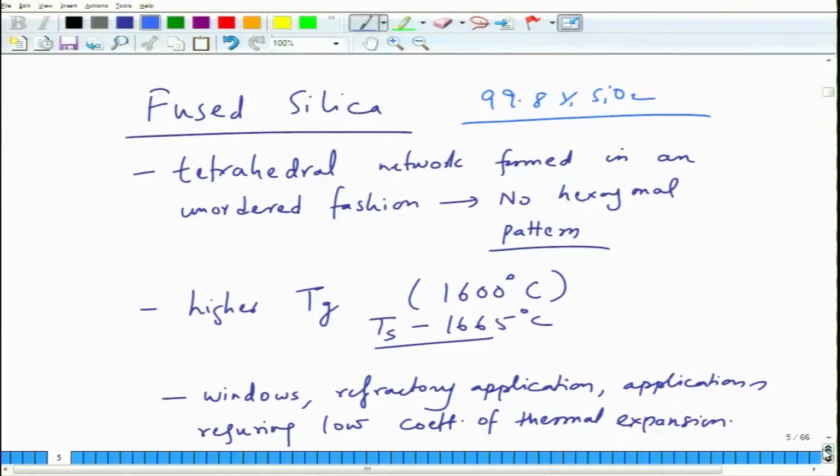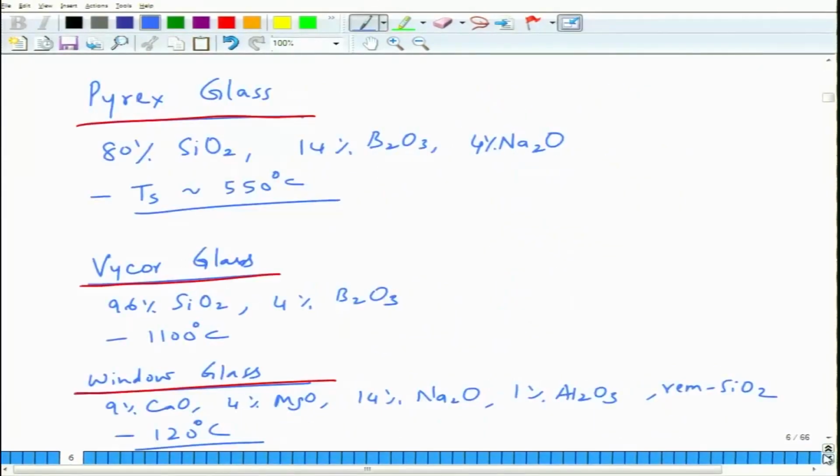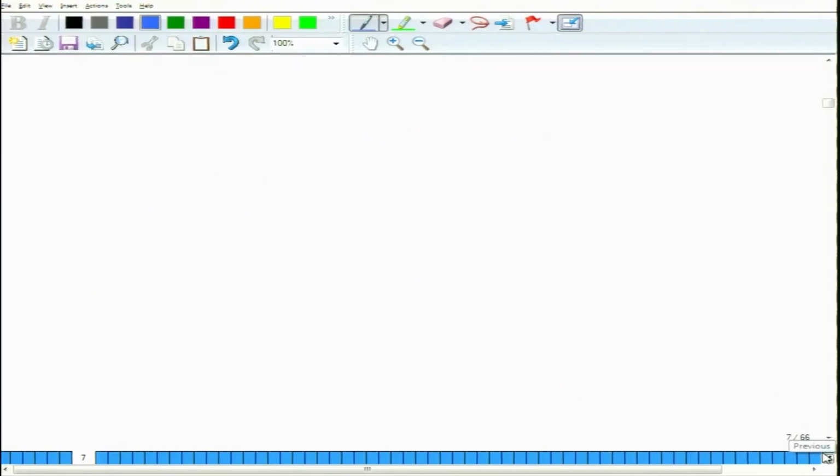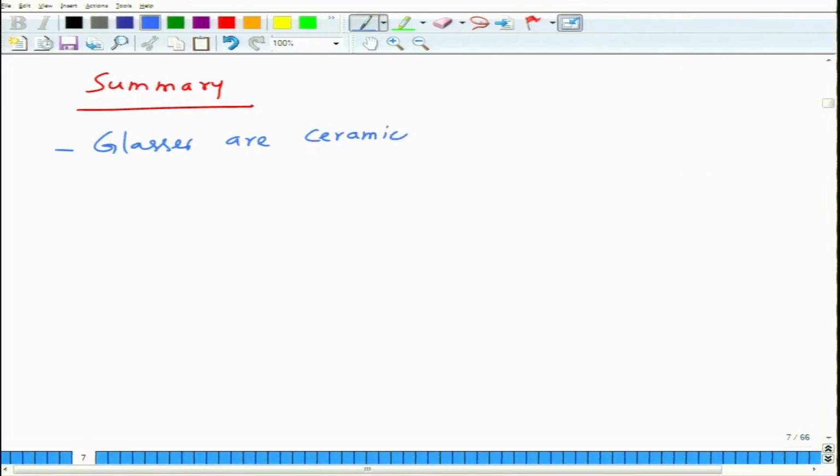Now in summary, you can say that glasses are ceramics with a lack of long range periodicity. Okay. They contain the same attributes as ceramics.